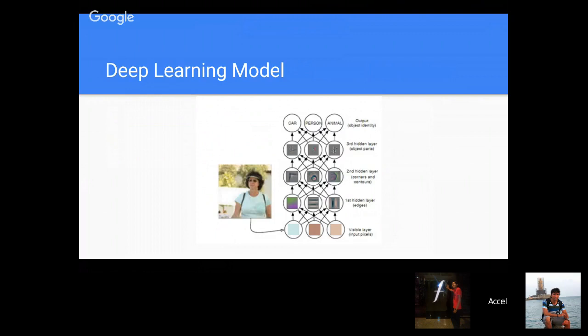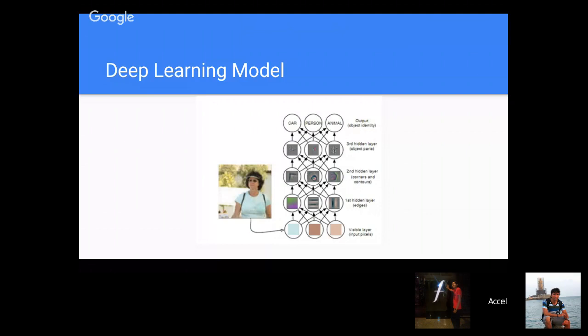So it creates those edges, and then one layer deeper it starts looking for corners or contours. The third layer is the object parts. Over time, the machine learns that these are the things that make up a human face, or, in other examples given here, a car or an animal.